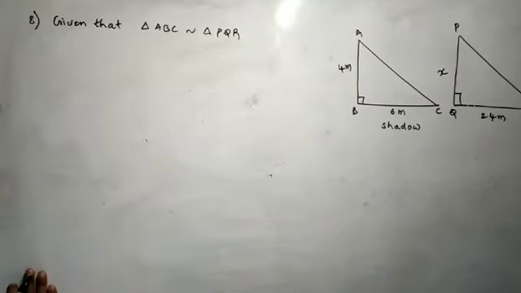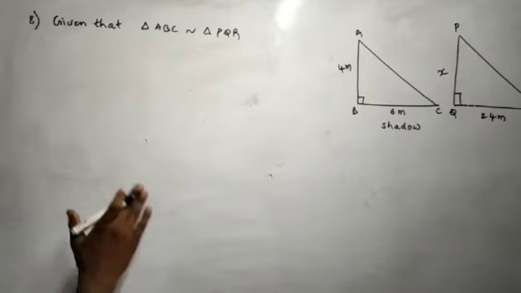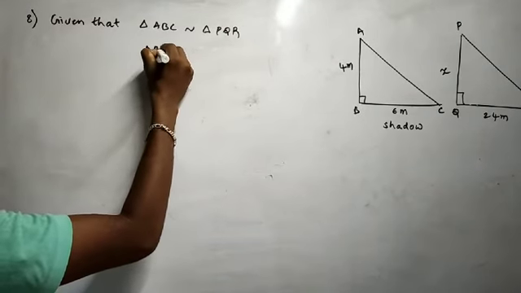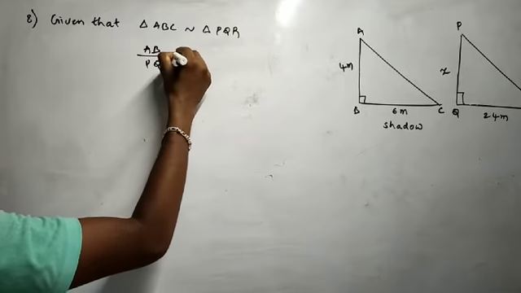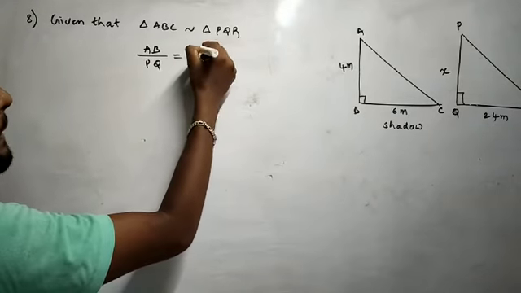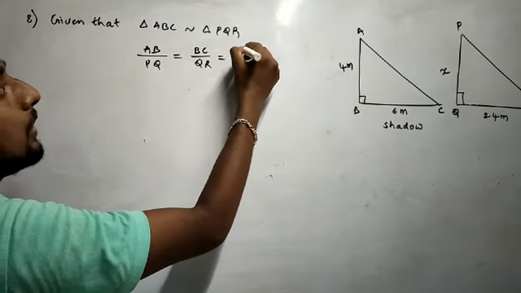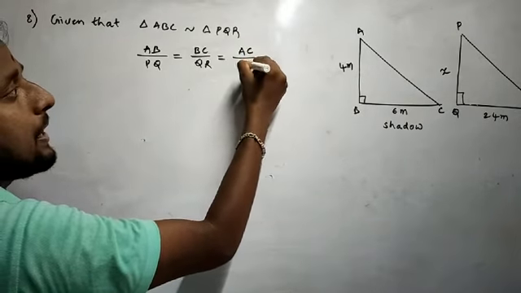So if the triangles are similar, then we can say that all 3 respective angles are equal and the ratio of the corresponding sides is equal. Then I'll write AB by PQ is equal to BC by QR is equal to AC by PR.